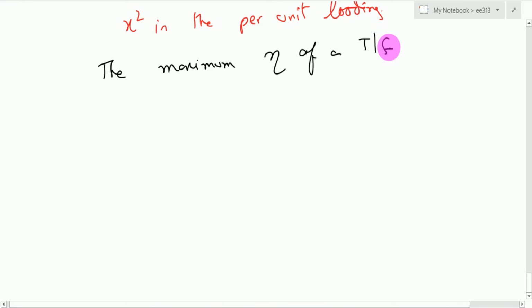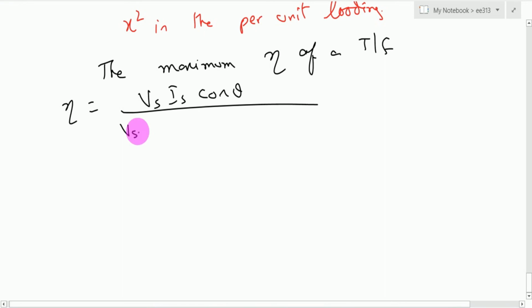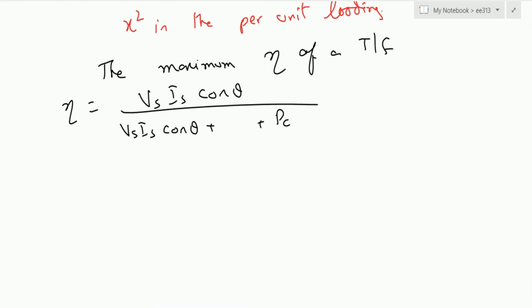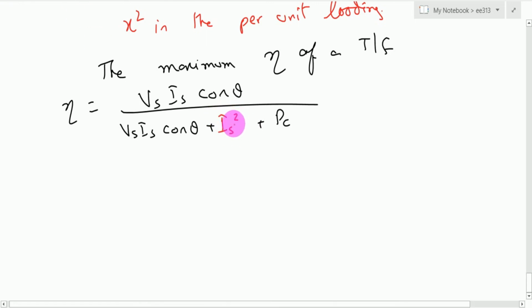we start with this particular expression. Efficiency is equal to VS IS cosine theta divided by VS IS cosine theta plus P copper loss plus P core loss, right? Where this copper loss, I can rewrite it as IS square into R equivalent.